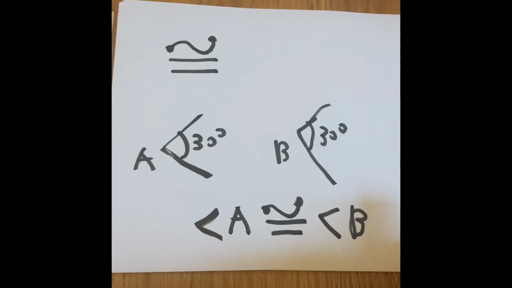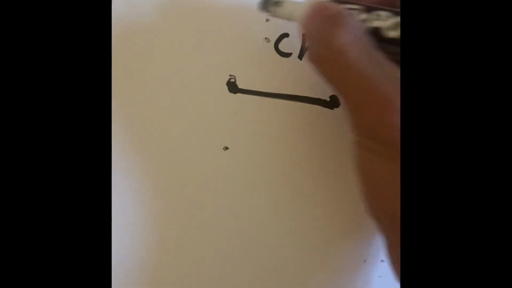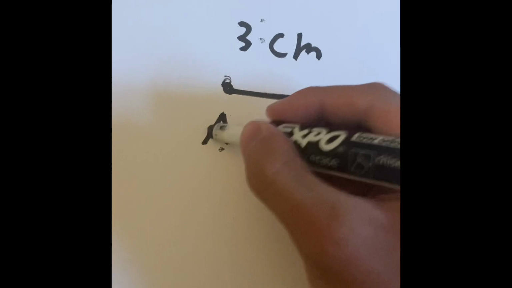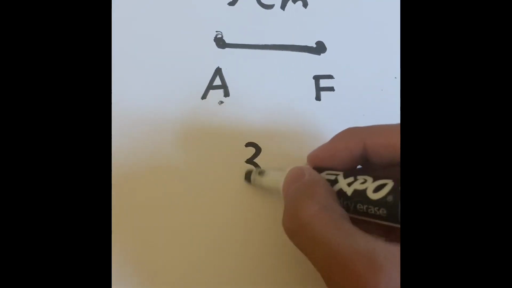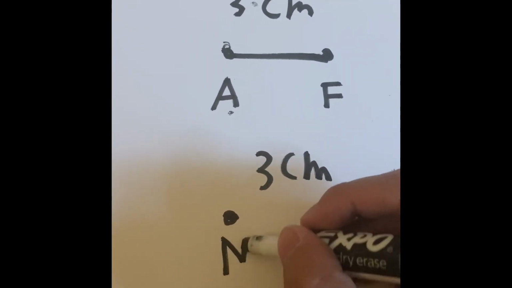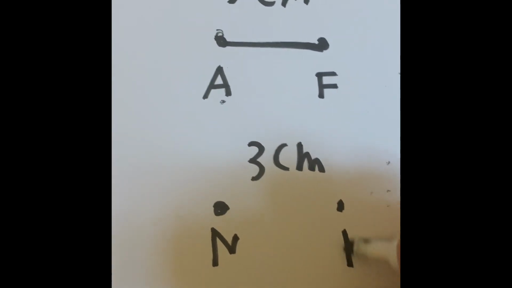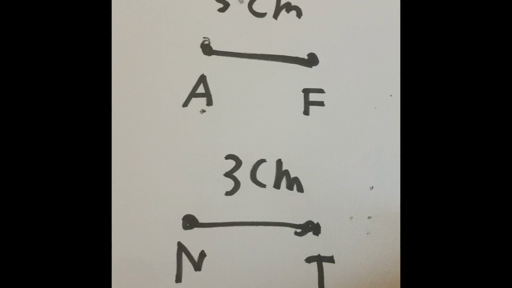With angles, we can also look at lines. If we say from here all the way to here is 3 centimeters, and we call it point A to point F. Over here is also 3 centimeters, and it goes from point N to point T. Therefore, they can also be congruent.